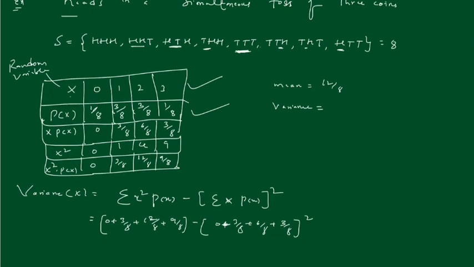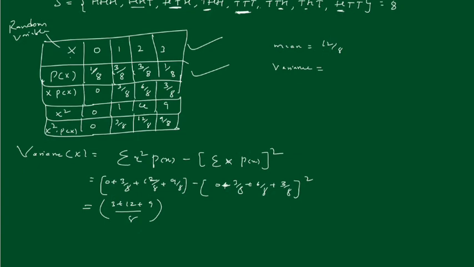So what will you get here? 3 plus 12 plus 9 by 8, and similarly minus 12 by 8 whole square.